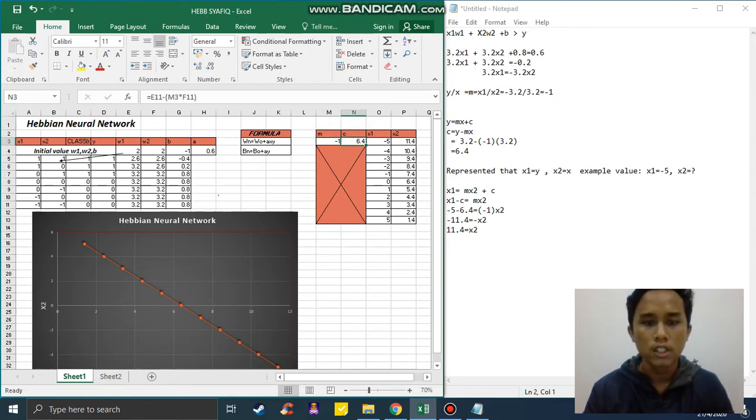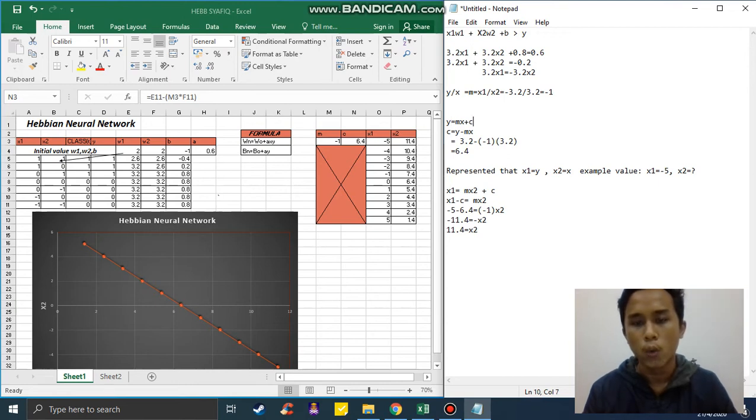To find the c-intercept, we must use the formula y equal to mx plus c, which is used to calculate the straight line. So y over x equal to m equal to x1 over x2, where x1 is the y and x2 is the x.